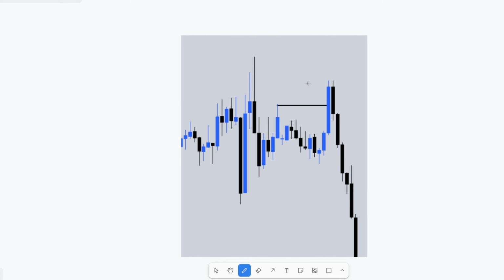And here we're going to see again, we have a short-term high here, a short-term high here, and a short-term high here. Because we have a short-term high to the left and a short-term high to the right, this one in the middle becomes the intermediate-term high. The price could go above this and go lower.